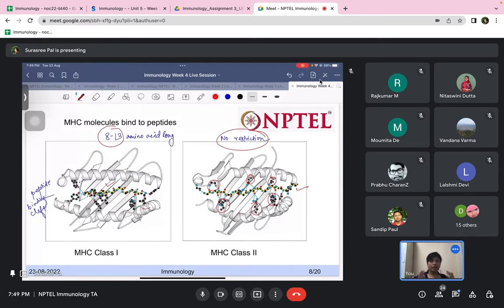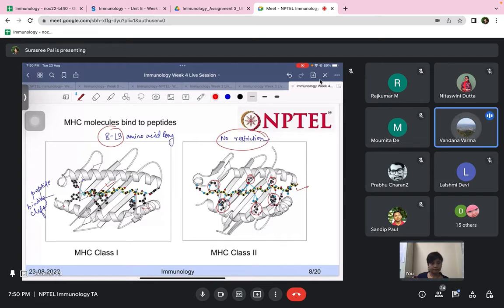And if a peptide is longer than that, like 25 amino acids long, then this peptide will be processed such that it can bind to the MHC class 2 molecules, and this processing happens where the MHC class 2 will bind to the antigenic peptide. There the peptide is processed such that it can bind to MHC class 2 if it is longer than, suppose, 20 amino acids or so.